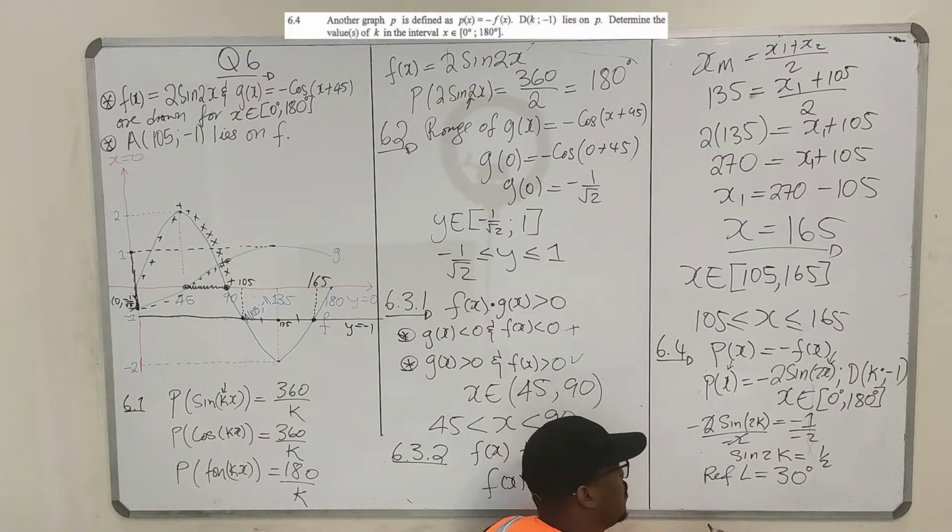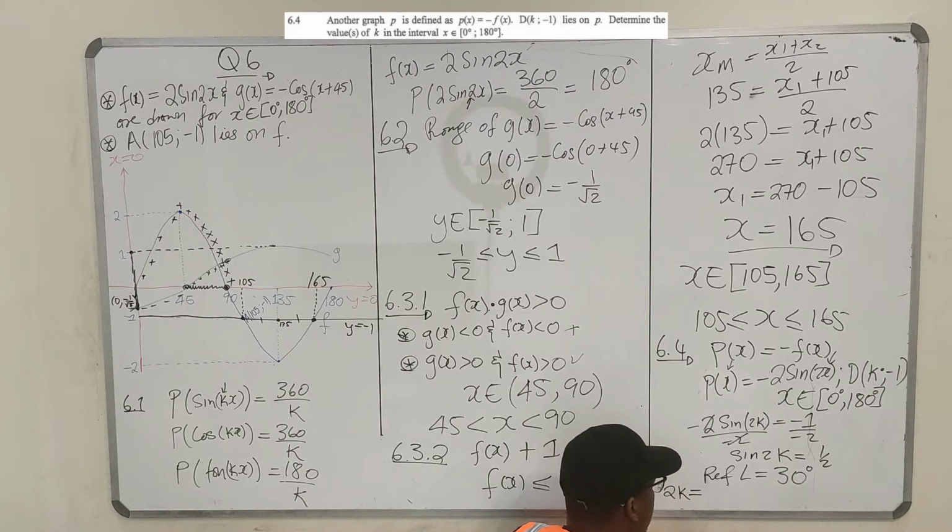So what do we do from here? Okay, now my 2k is equal to 30 degrees, which implies that your k is possibly 15.